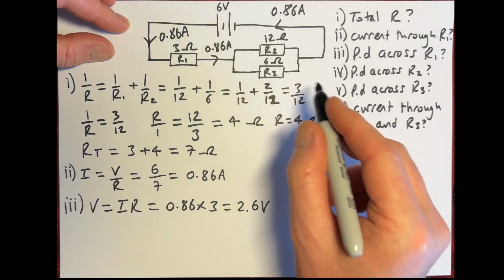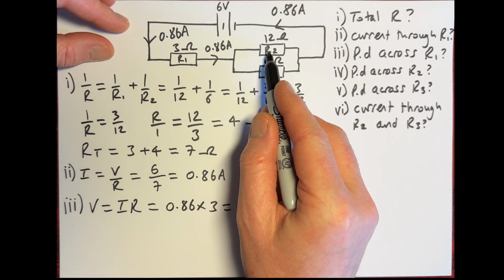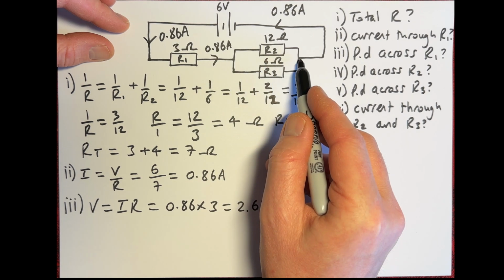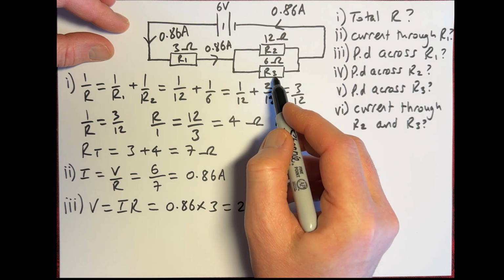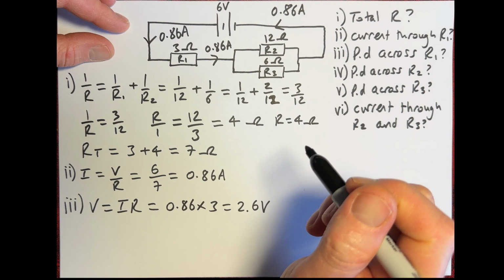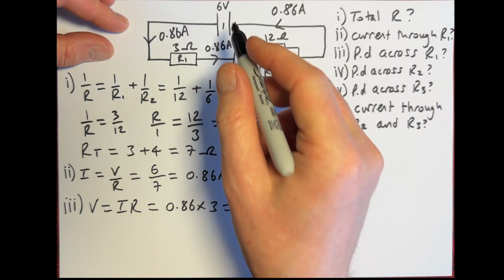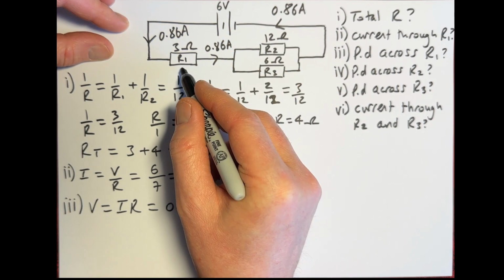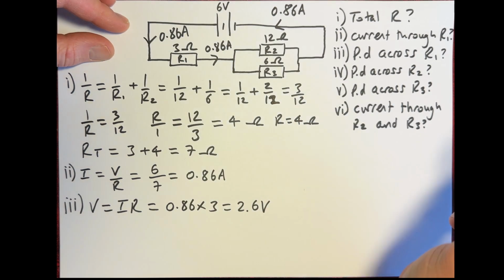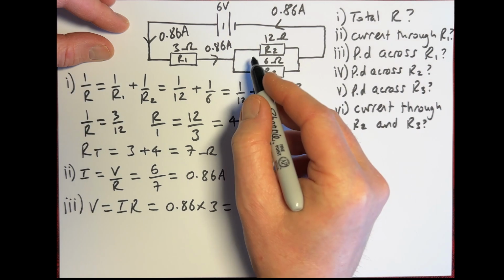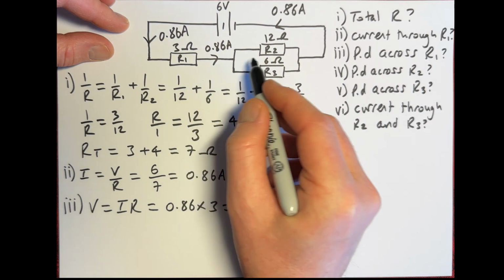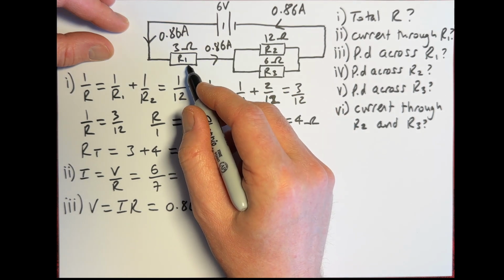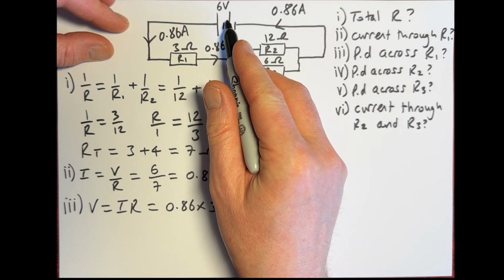Okay, the next thing we want to work out is the potential difference across R2 and R3. If you remember, when we've got components in parallel, each branch will have the same potential difference across it. So we know that the voltage across R1 is 2.6 volts. To work out the voltage across this section, because these two sections are essentially in series, the potential difference of these two sections should add up to the battery voltage.